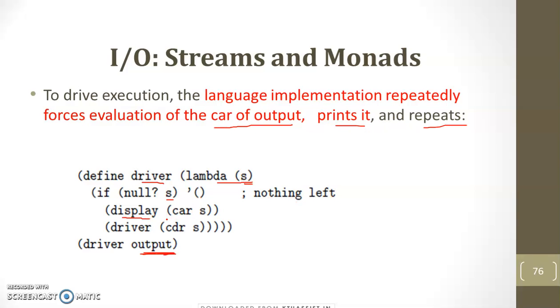If it is not null, it takes the head element, or the first element, from the list using the construct CAR. Then the driver again recursively calls itself, passing the parameter CDR of S. CDR means removing the first element, and the remaining part will be given as an argument to the driver function.